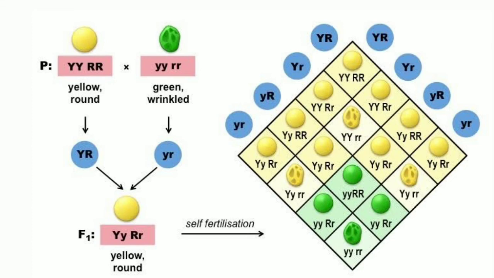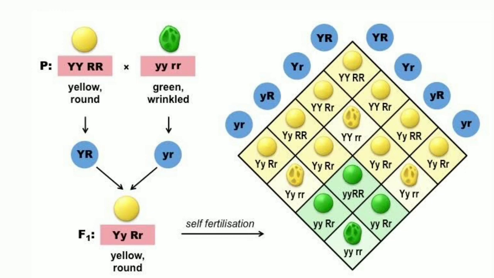The fusion of these two types of gametes yields an individual with capital Y, capital R, small y, small r. The phenotype the individual will show is yellow color of the seed and round shape of the seed, because the dominant alleles, capital Y and capital R, are present there.